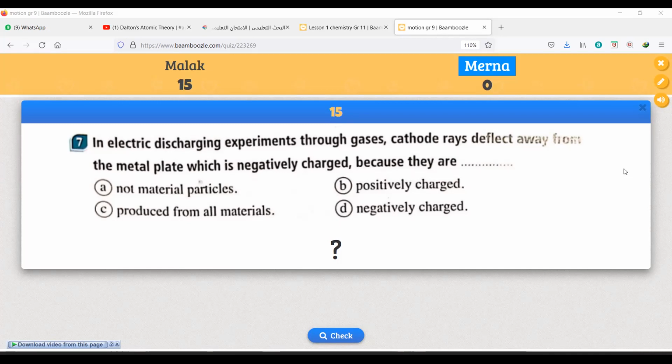Tell me what is the law for the calculation of speed? Speed is distance over time. Yes, distance over time.